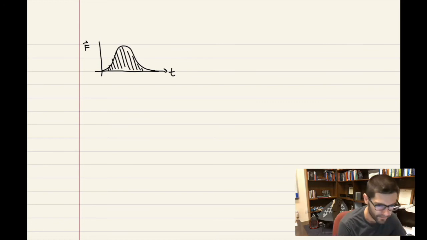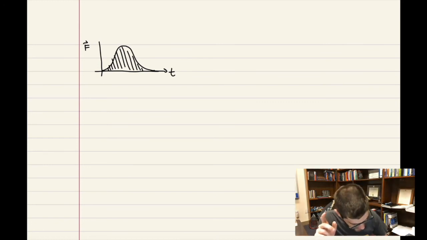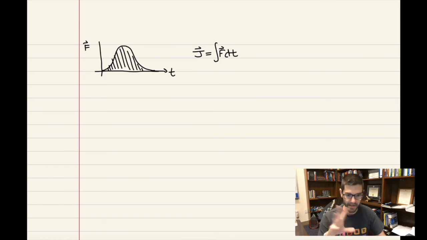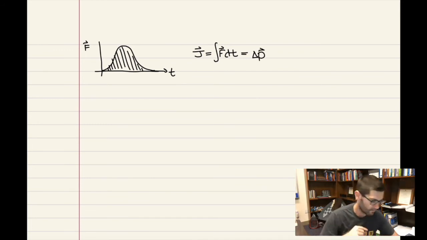So what we do is we take this expression, and remember the impulse, how momentum changes, is the area under the curve. So I take this integral, I calculate the area under this weird shaped curve that then tells me how the momentum changes. But the function might be complicated, I might not know it in advance.